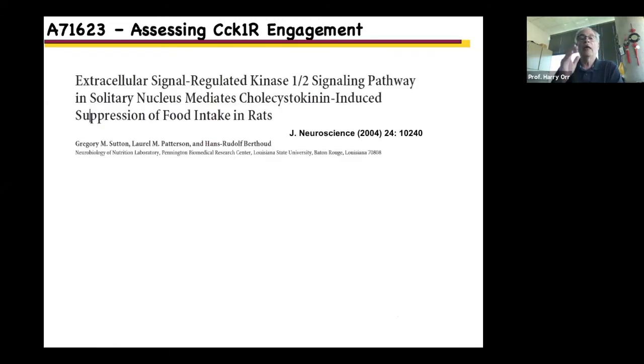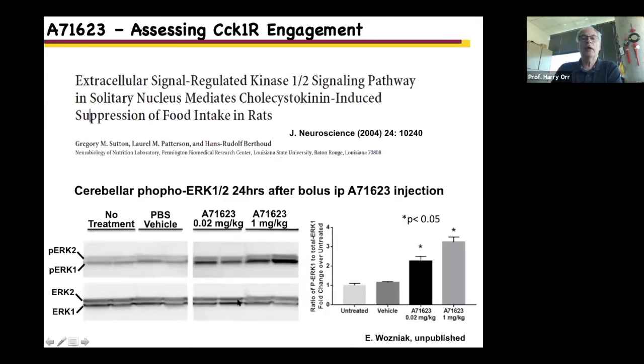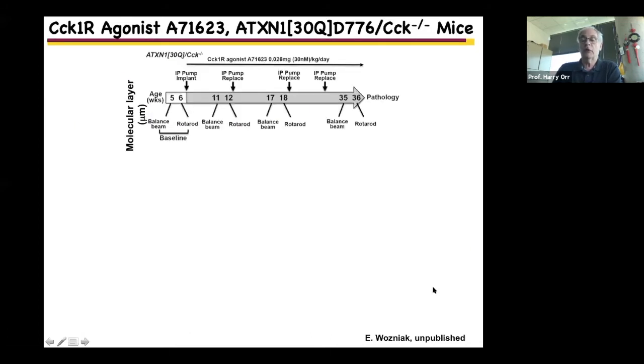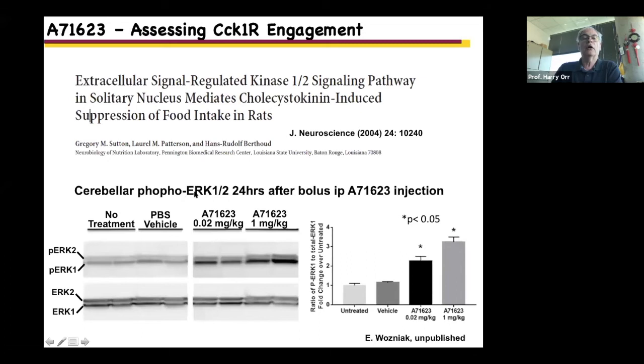The first experiment we did was to assess whether by IP injection we could stimulate the CCK1 receptor. A classic way of doing this is looking at extracellular signal-regulated kinase phosphorylation. And what we found was that we could get ERK phosphorylation by IP injection, and this was a dose-responsive effect of ERK phosphorylation in the cerebellum.